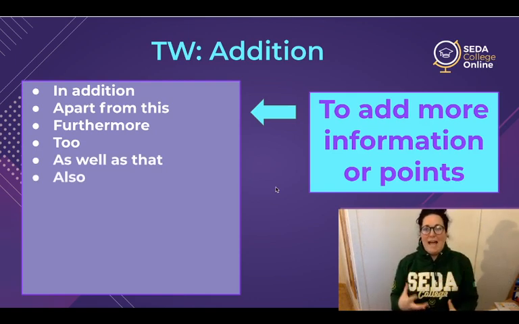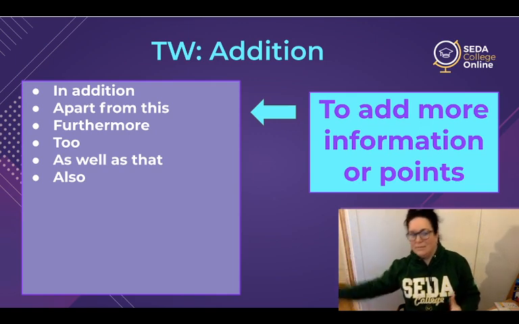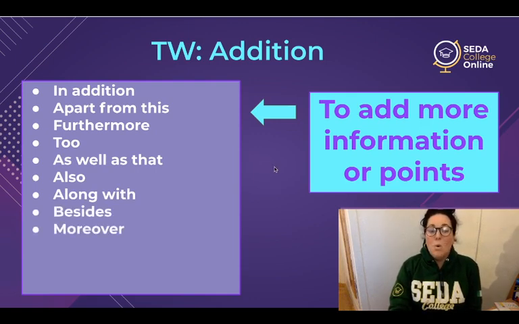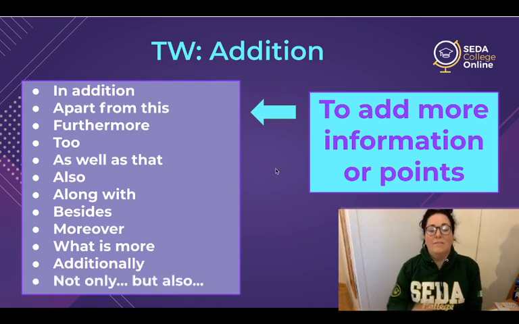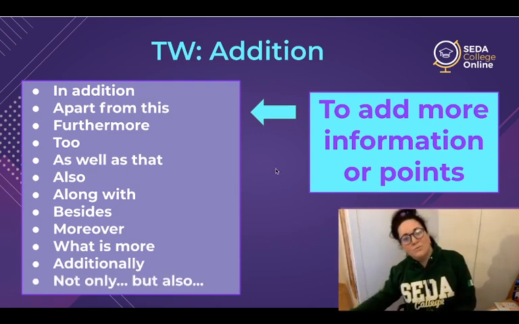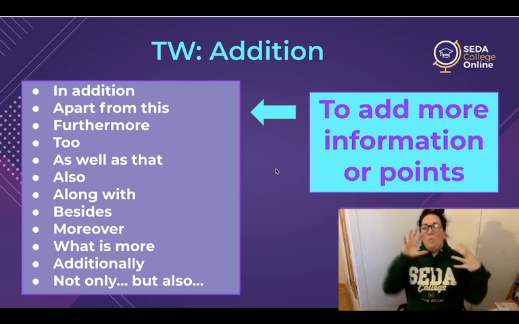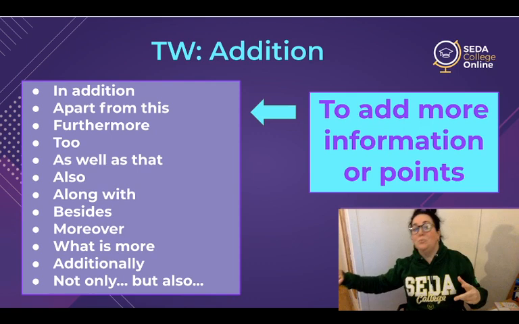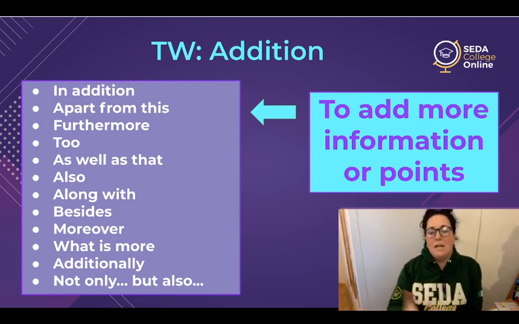So as well as that, we can see the next thing. Also, along with, besides, moreover, what is more, additionally, not only, but also. So not only what was said before in the previous paragraph, but also a new point, the same theme.